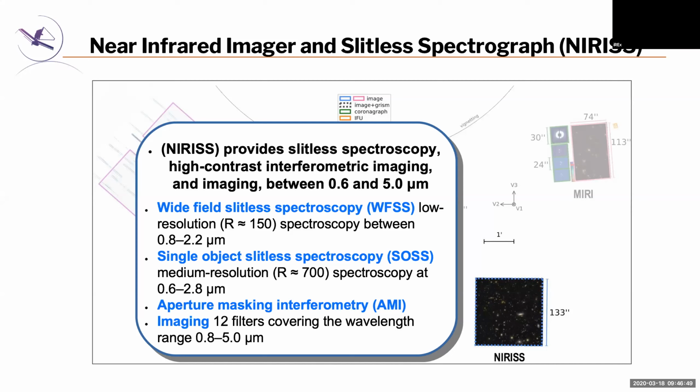We'll talk about the single object slitless spectroscopy mode, of course, that can do time series between 0.6 and 2.8 microns. And there's the AMI interferometric mode that can use 3 filters or 4 filters. That's a mistake on the slide.